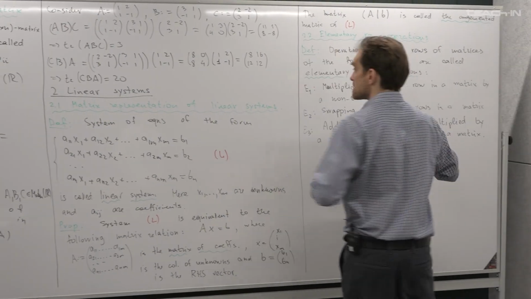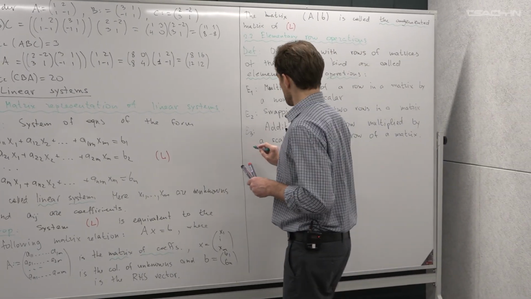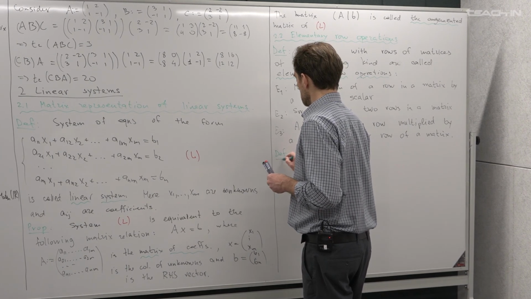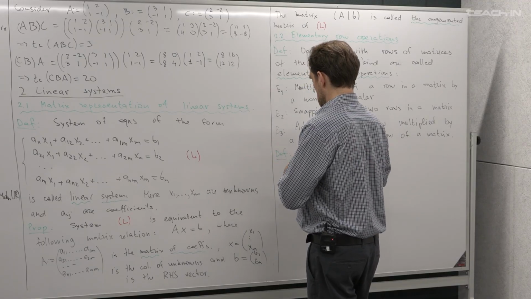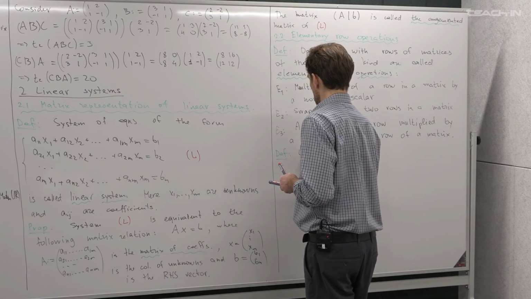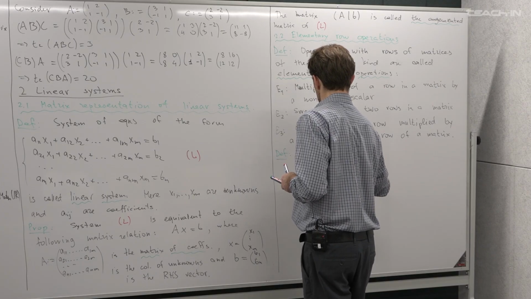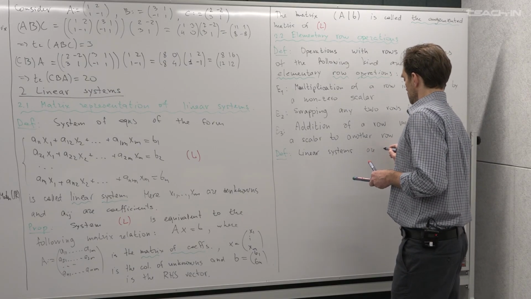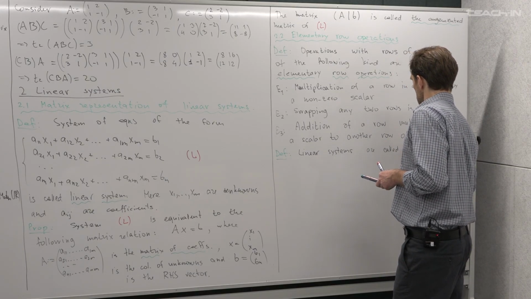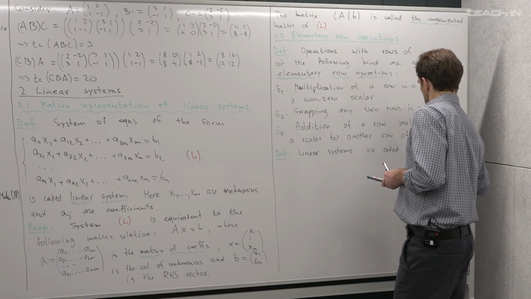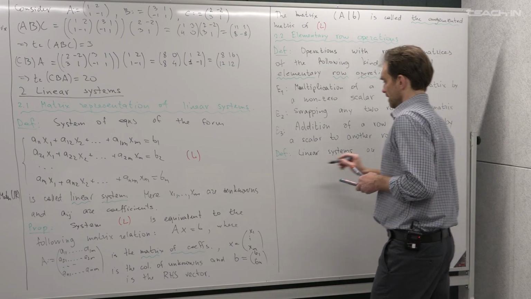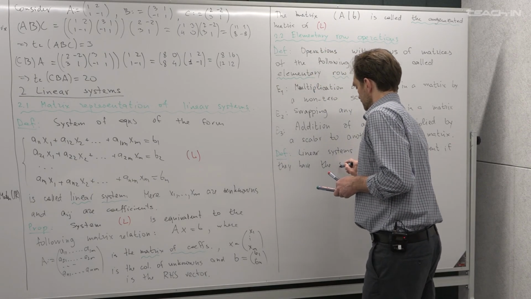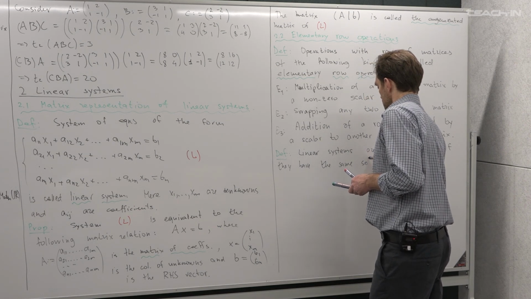So maybe I will give one more definition before I formulate the proposition. So definition, linear systems are called equivalent if they have the same sets of solutions.